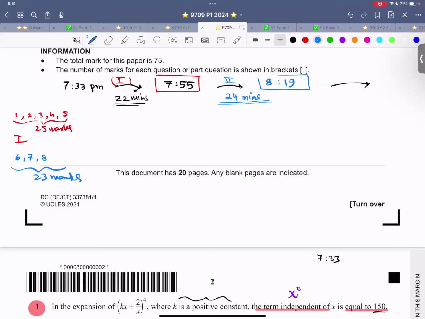Now let's see stage number 3, the remaining questions, which could be question number 9 and 10 and maybe 11. So they should be worth, I think, 27 marks. Let's double check.